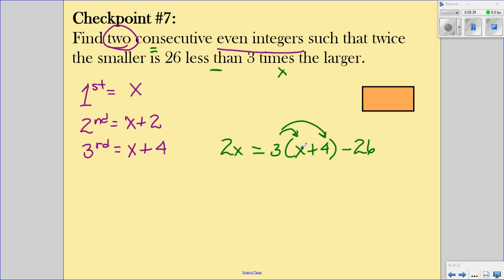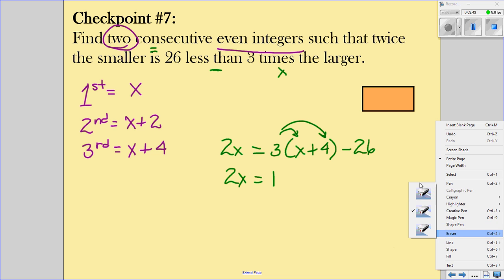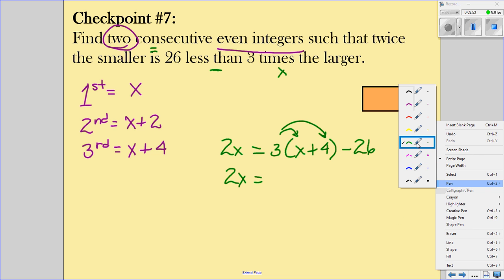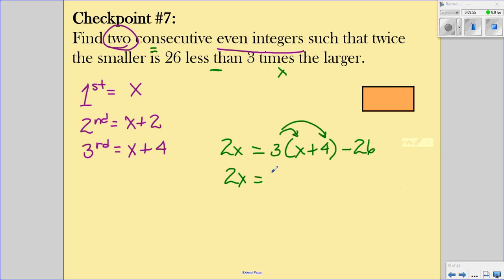Now you can solve, start with the distributive property. Remember, PEMDAS, deal with the parentheses. So you got 3x for that one, 3x, and then 12 minus 26. Then you're going to combine like terms.